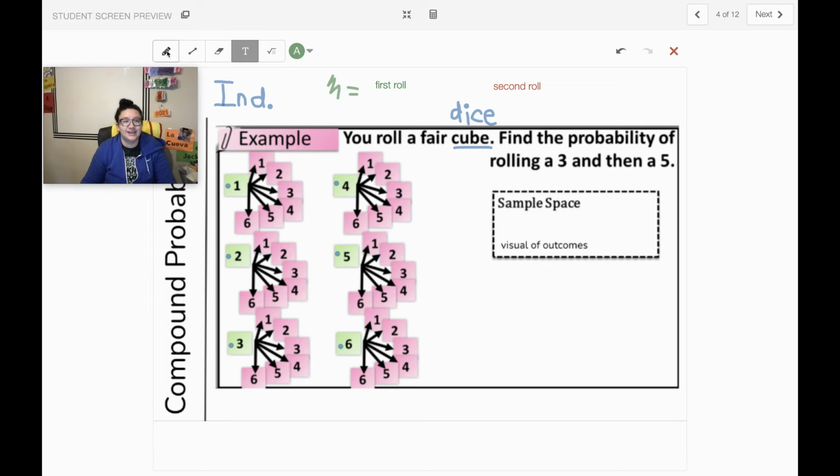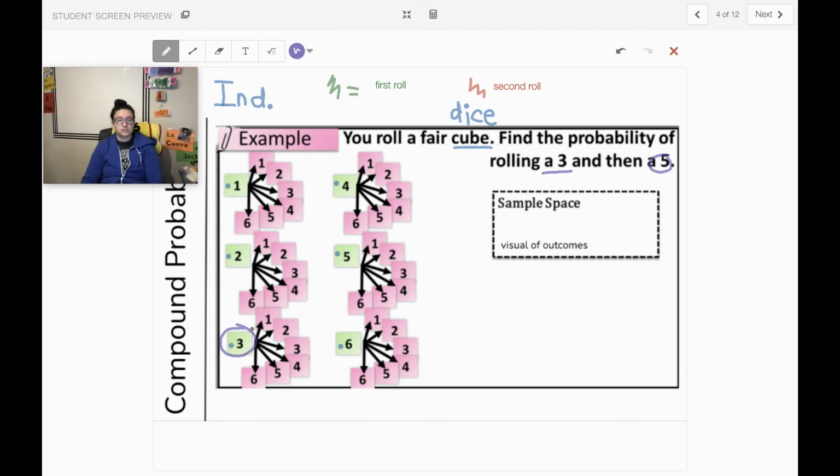There we go. The green is the first roll, the pink is the second roll. So looking through my problem, it says that first I want to roll a 3. Which is my first roll with a 3? That green 3. That means I rolled a green first. And then I rolled a 5.